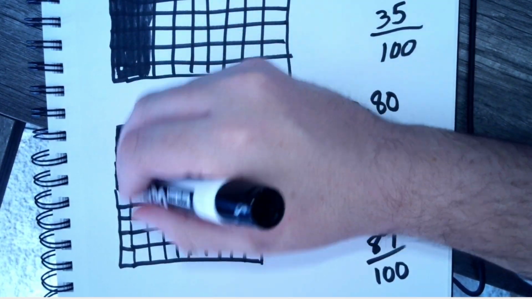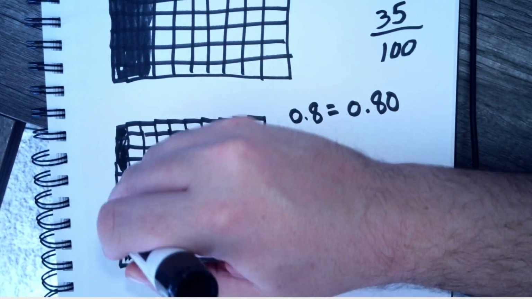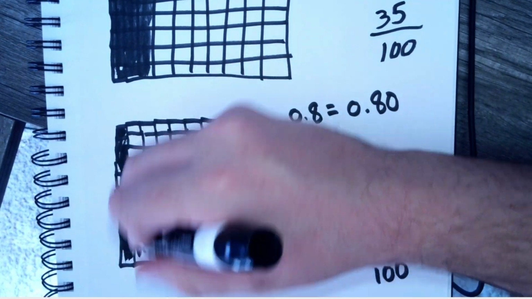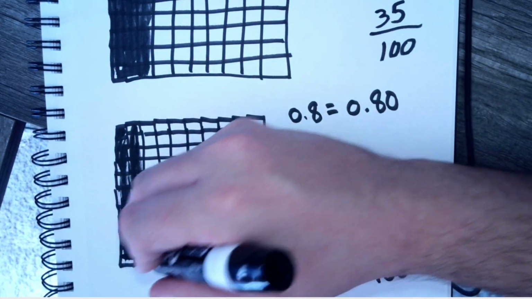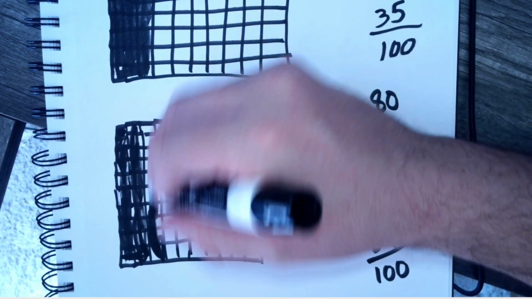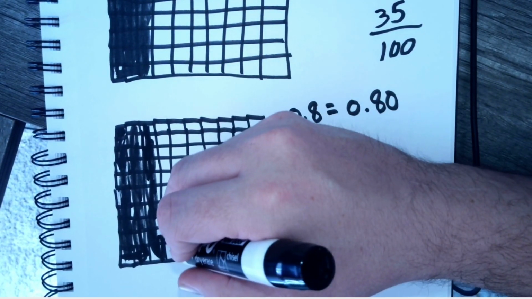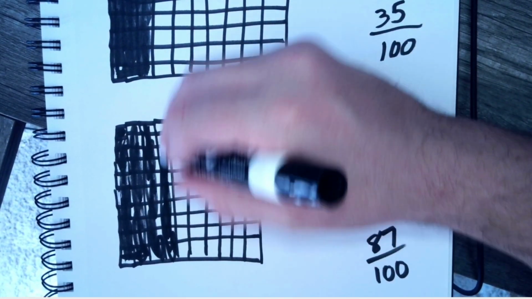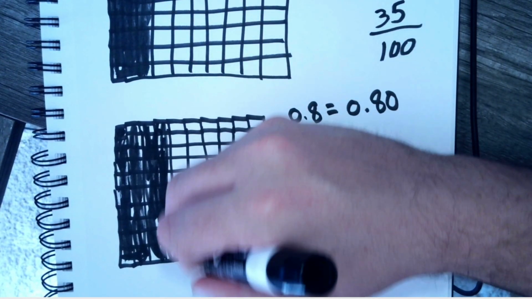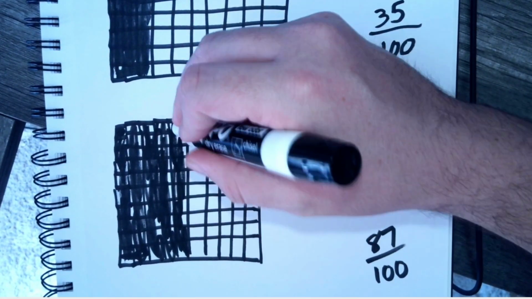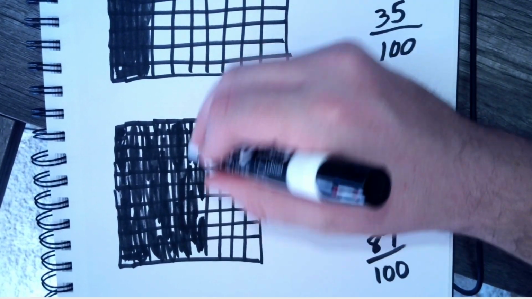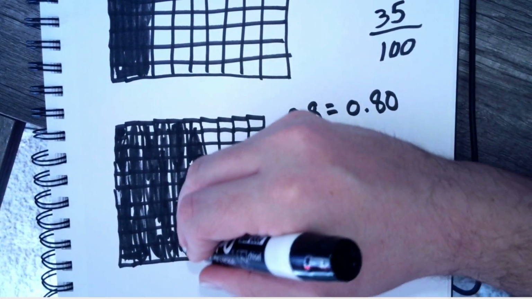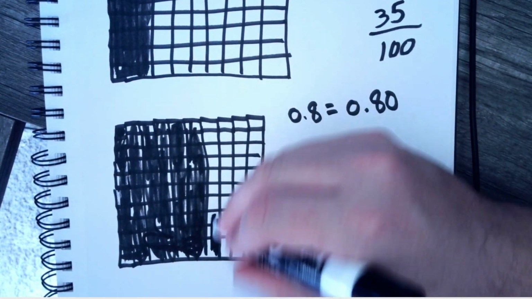So we're going to shade in 1, 2, 3, 4, 5, 6, and we're almost completed. 7.